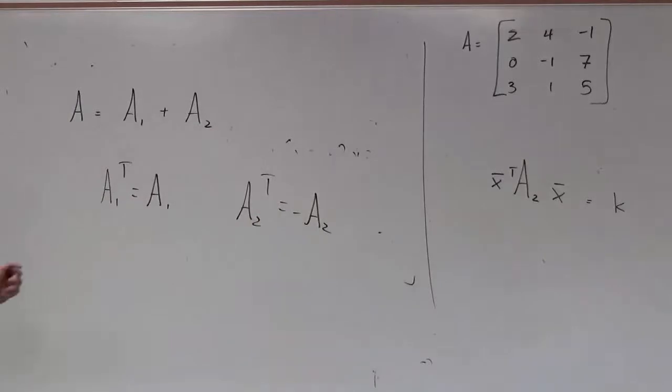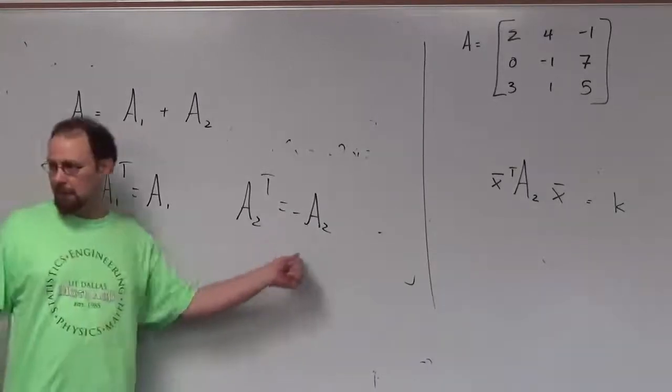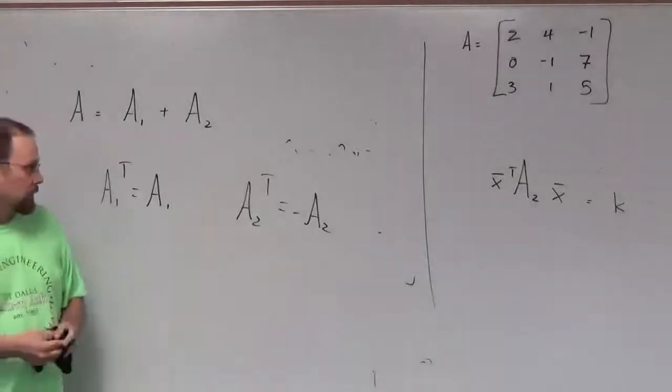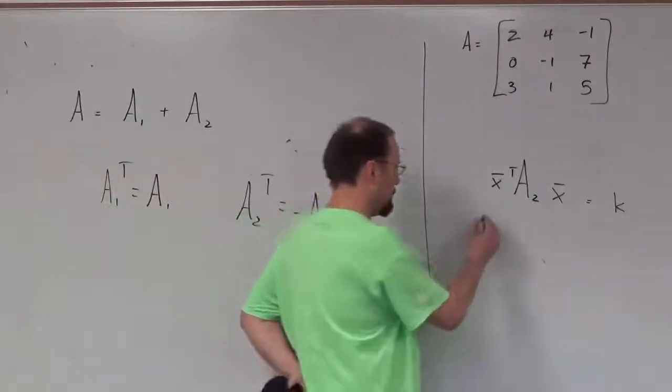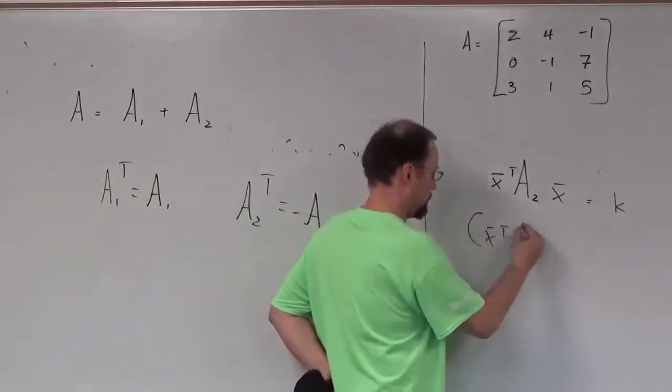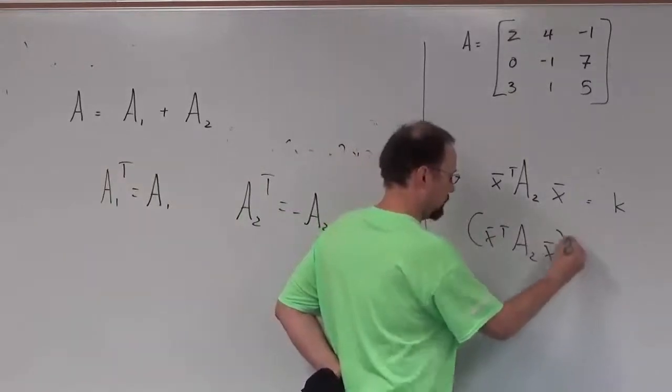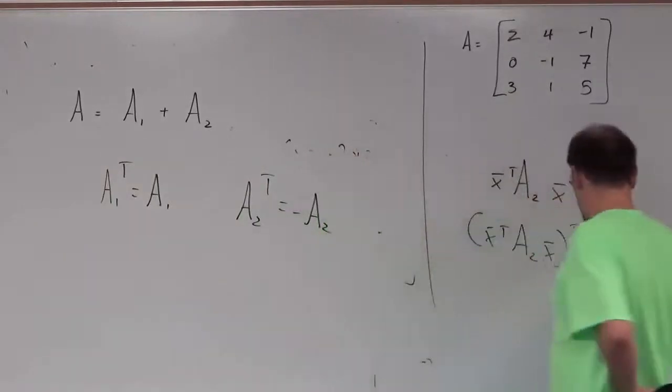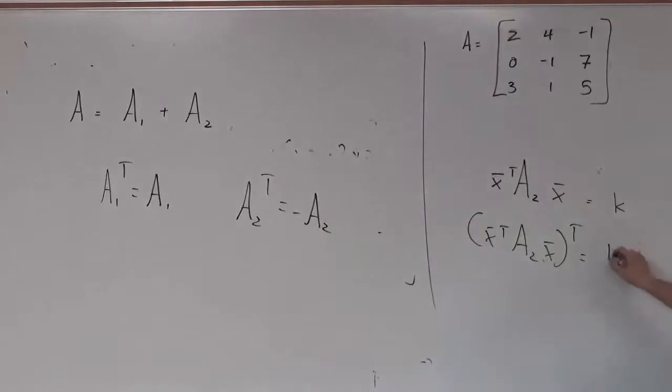And what would happen if I transpose both sides? And why would I be motivated to transpose both sides? Well, take advantage of this fact. So I'm going to transpose both sides. And what's the transpose of a number itself? It's like the transpose of a 1-by-1 matrix.